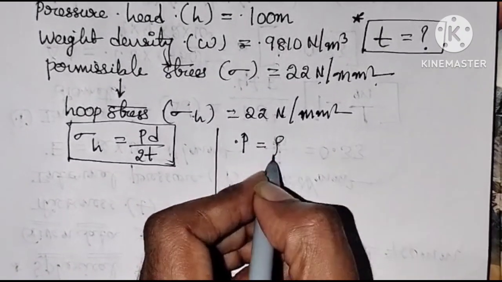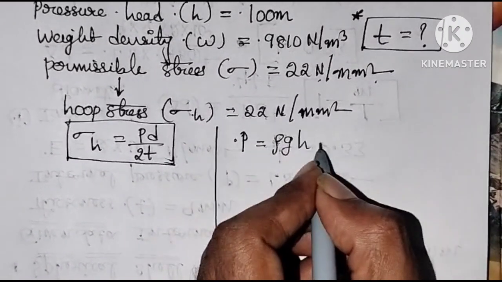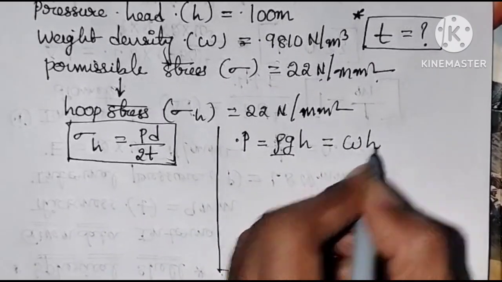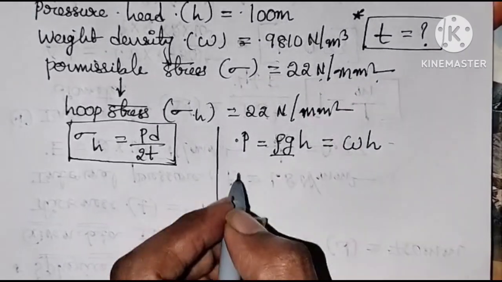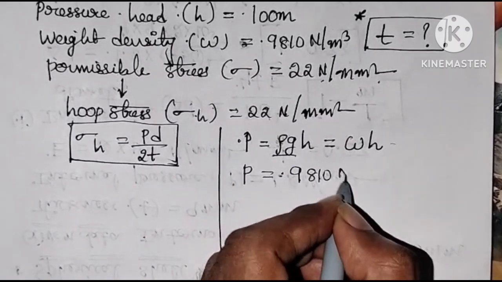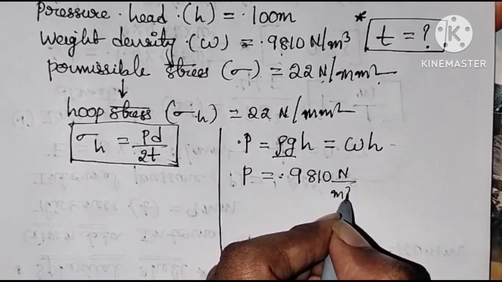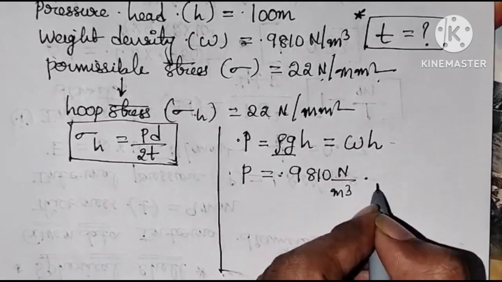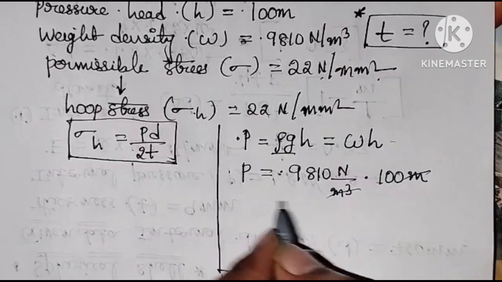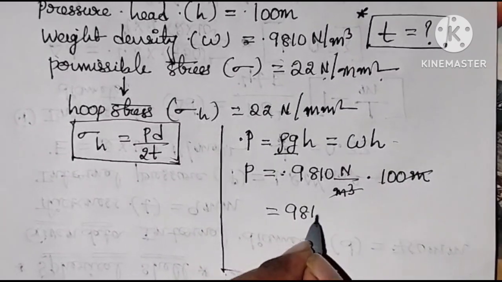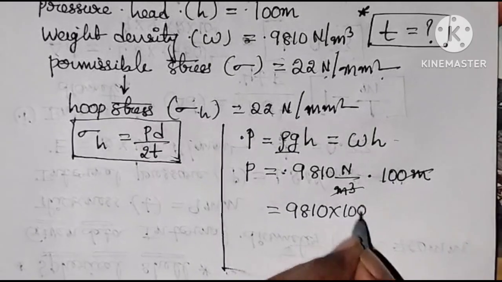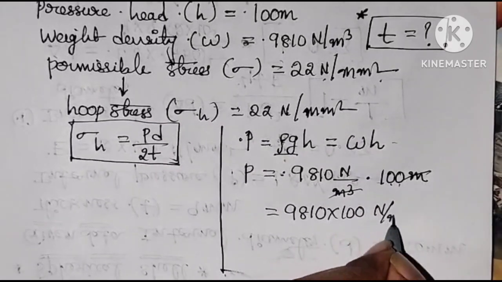We know that P is equal to rho g H. Rho g means specific weight, so we can write it as W H. P is equal to W into H. Now P is equal to 9810 Newton per meter cube into H, 100 meters. The meters cancel, so you will get 9810 into 100 Newton per meter square.